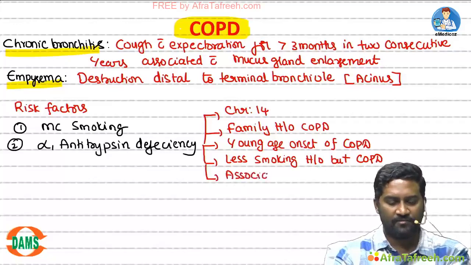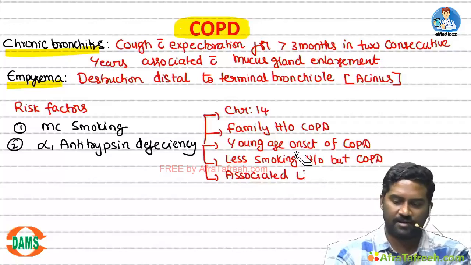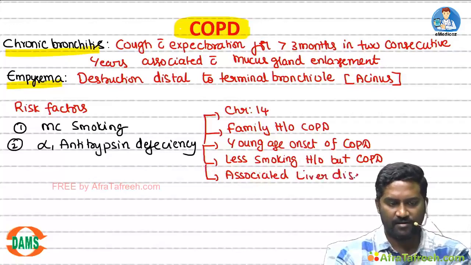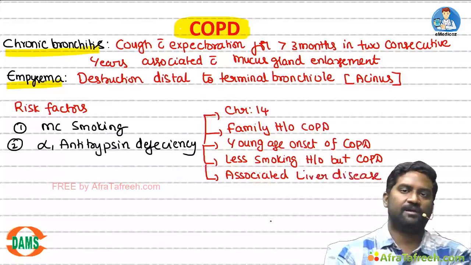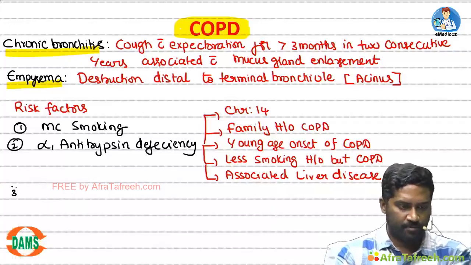Along with lung involvement, there can also be liver involvement. There can be associated liver disease in alpha 1 antitrypsin deficiency. Apart from this, pollution.